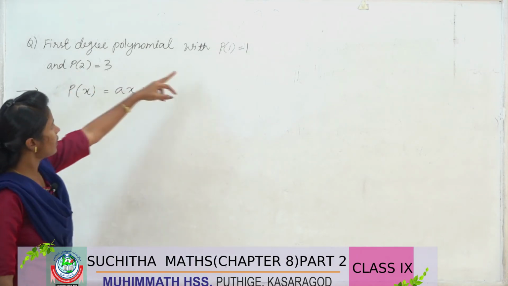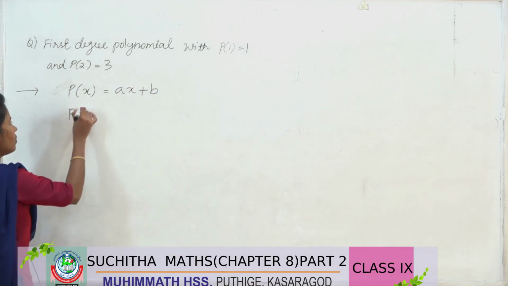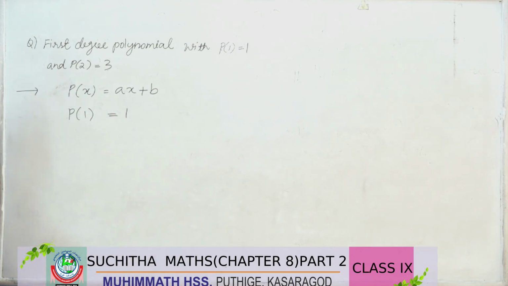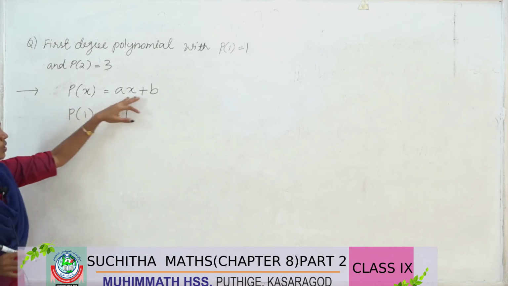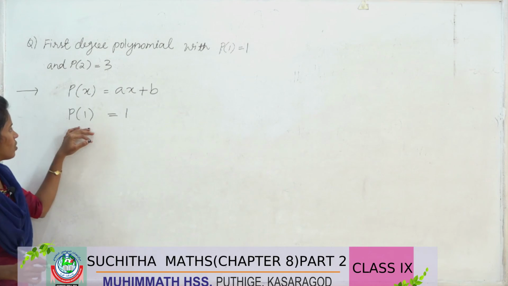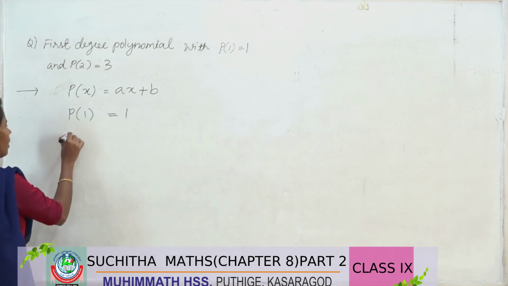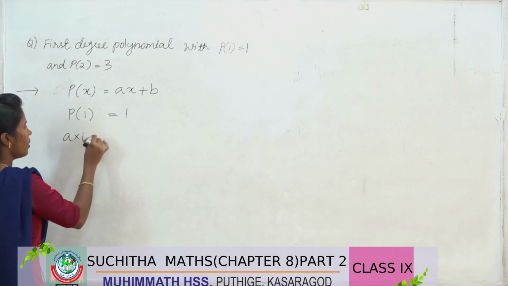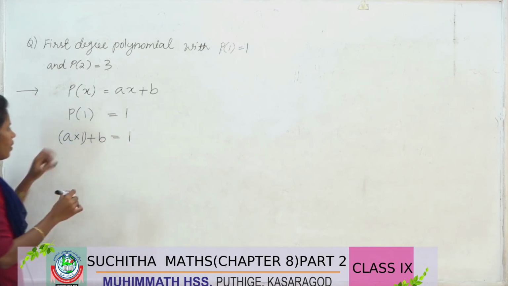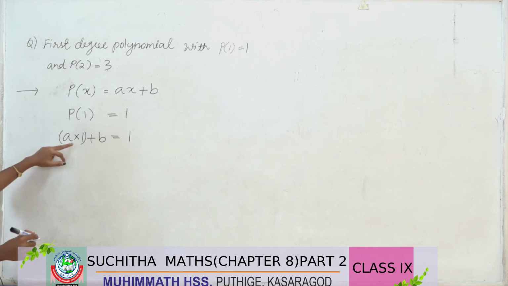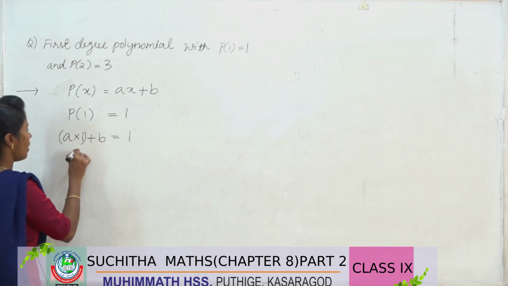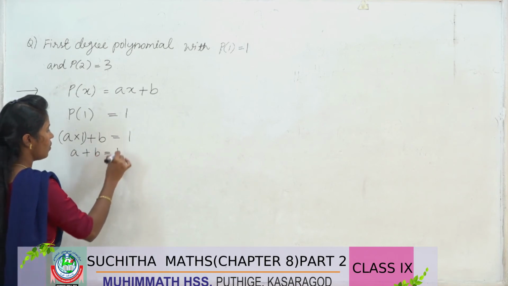Here given P of 1 equal to 1. So by using this, P of 1 is a into 1 plus b equal to 1. Therefore, a into 1 is a, plus b equal to 1.